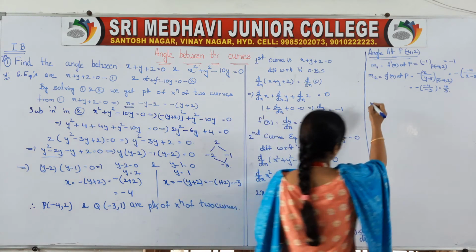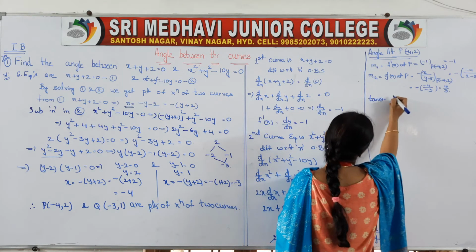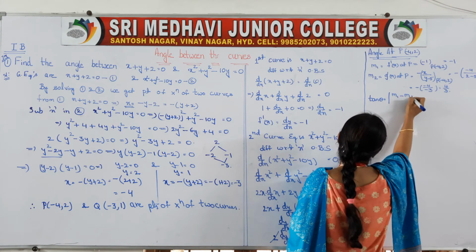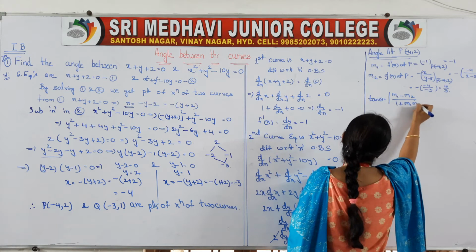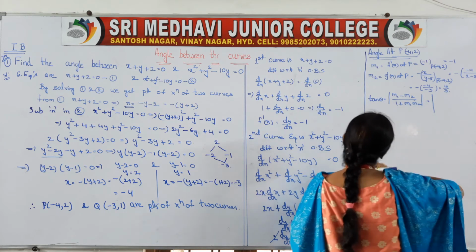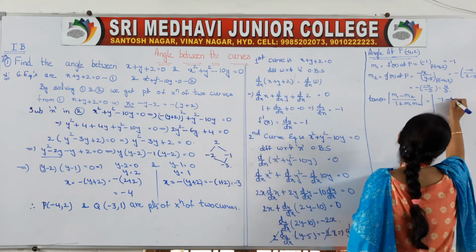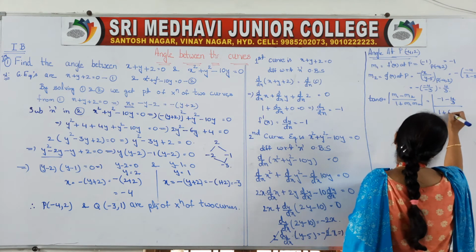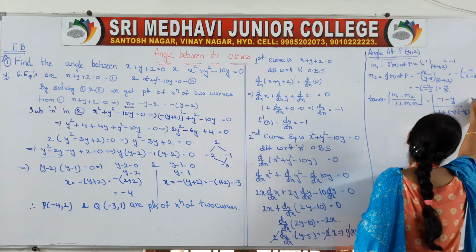We got m1, m2. Once we have m1 and m2, you find tan theta. Tan theta is equal to modulus of (m1 minus m2) by (1 plus m1 m2). So it is modulus of (-1 minus 4 by 3) divided by (1 plus (-1) into (4 by 3)).